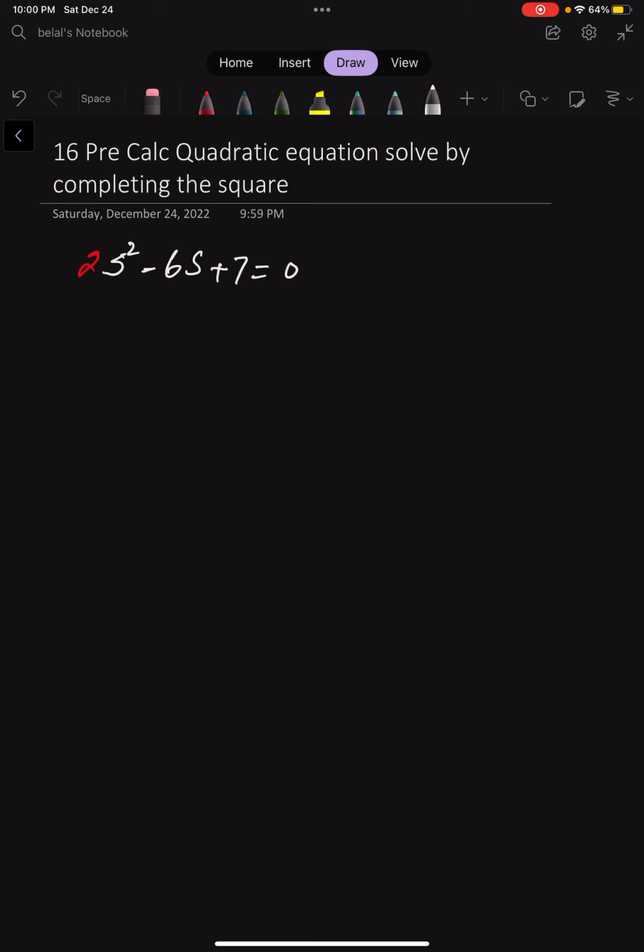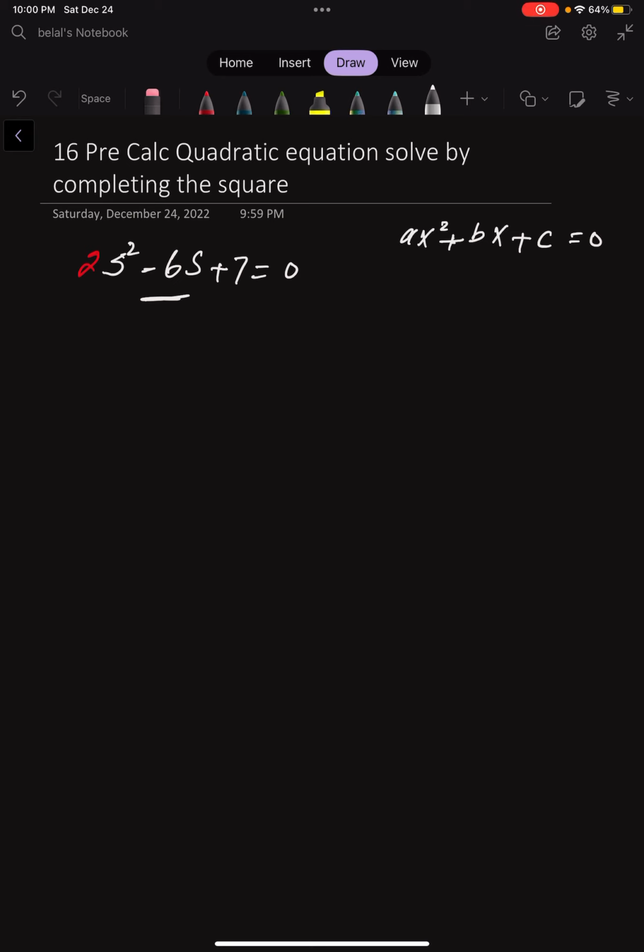What's the form of a quadratic equation? So ax squared plus bx plus c equal to 0. Okay, so now we have to put this equation in that form.